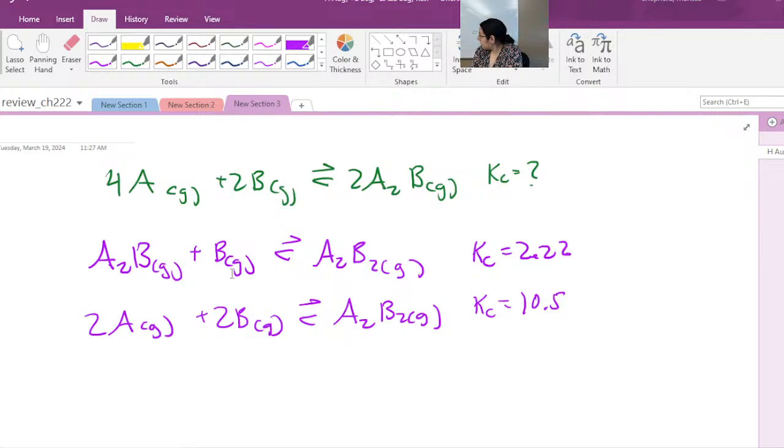So let's at least start hearing your thoughts. How could we add these two equations to get our one up here? You have to multiply the purple ones by 2 to be able to get the same values as the top one.